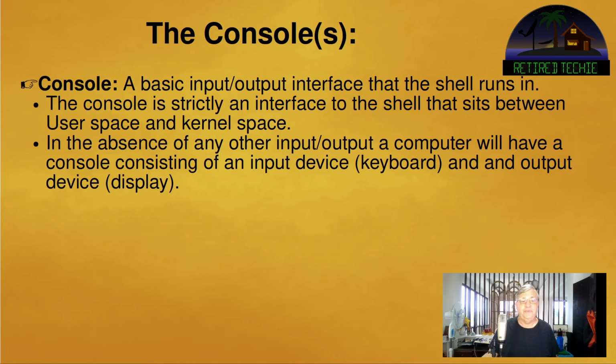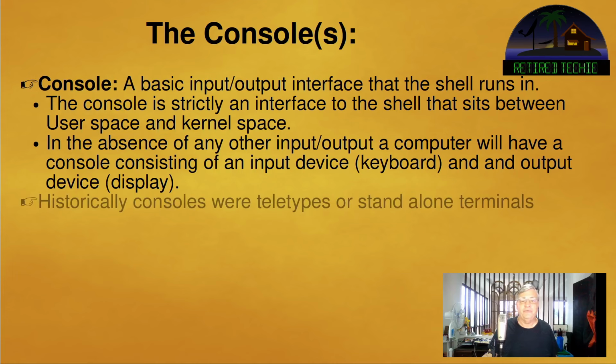In the absence of any other input-output, a computer will have a console consisting of an input device and an output device. Input device will usually be a keyboard of some sort, and the output device will usually be a display. For computers that only use consoles, you will unlikely have any mouse as an input or output device.